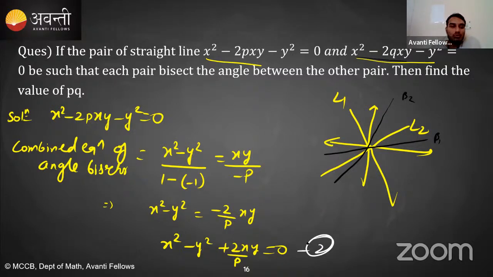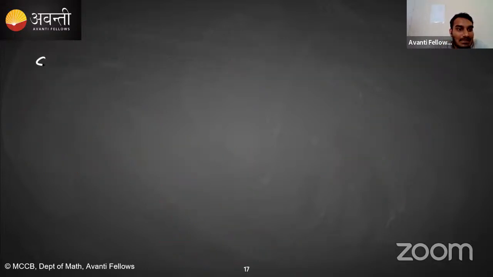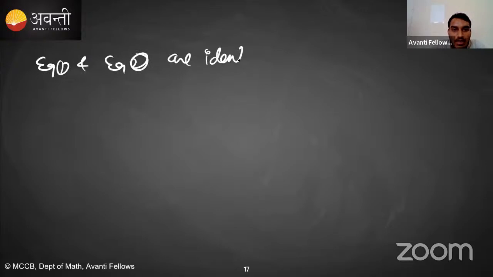The question is saying that each pair of lines is the angle bisector of the other pair. If I find the combined equation of the angle bisector for this pair, it should have come like this, but instead we are getting equation 2. So equation 1 and equation 2 are identical equations.